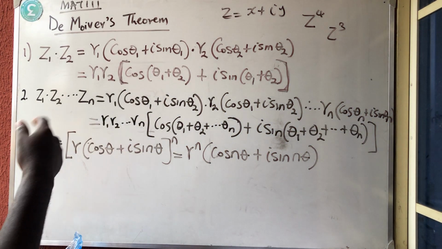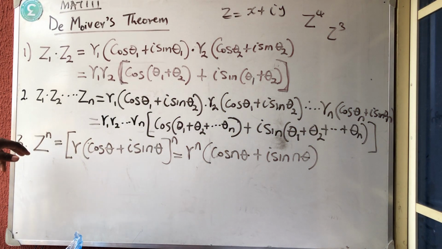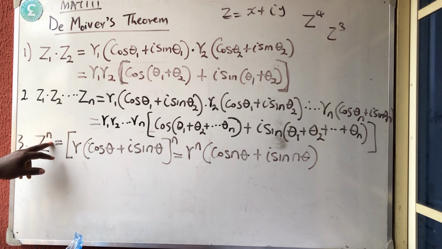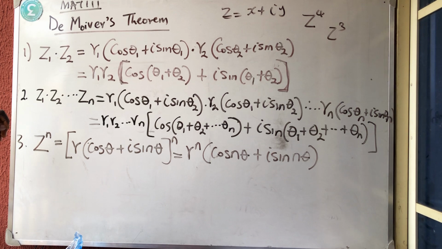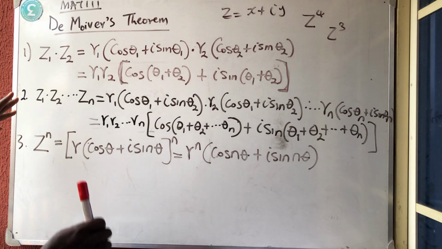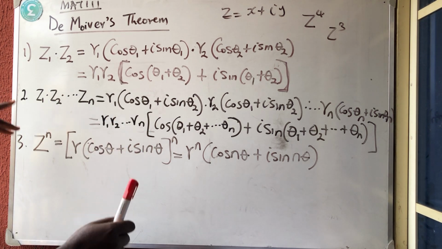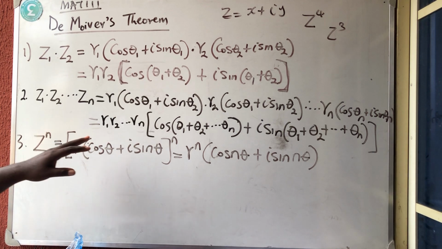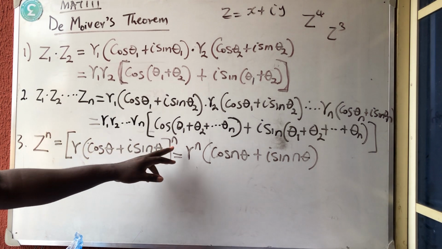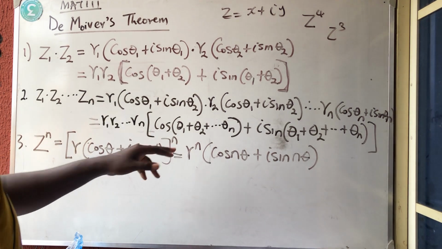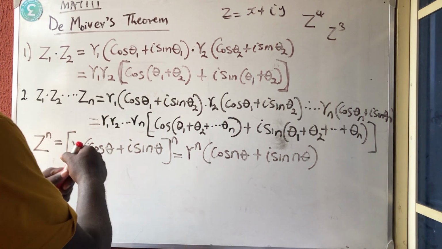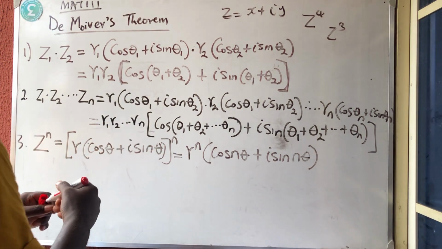Finally, the last but not the least is now z raised to power n, where n is a positive integer. The power n shows that this is the polar form raised to power n. It means the modulus will be raised to power n and the part inside will equally be raised to power n.